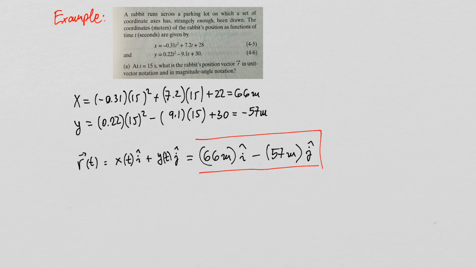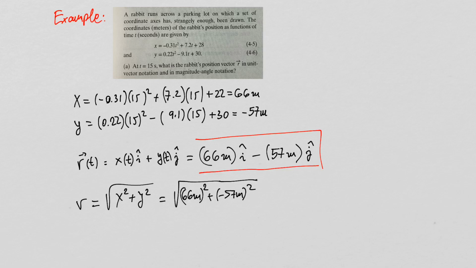So to find the magnitude, we simply take the square root of the sum of squares of the two components. So square root of x squared plus y squared, which then becomes square root of 66 meters squared plus negative 57 meters squared. When you calculate that, it should give you 87 meters.